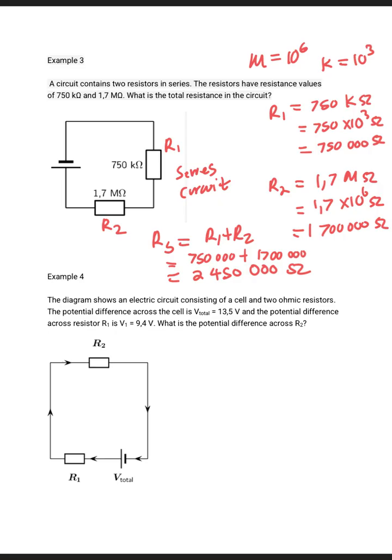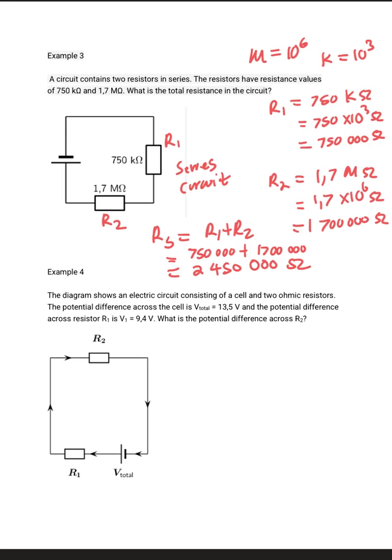The diagram shows an electric circuit consisting of a cell and 2 ohmic resistors. This is example 4, right? The potential difference across the cell is 13.5, which is V total. So this is 13.5 here. And the potential difference across resistor 1, V1.